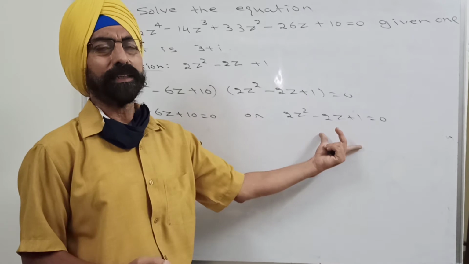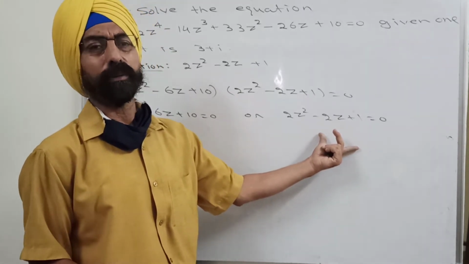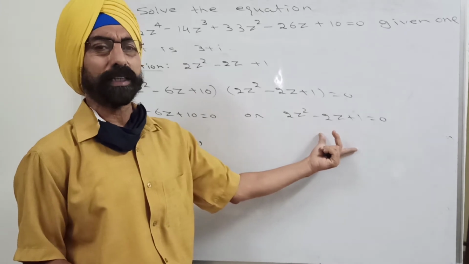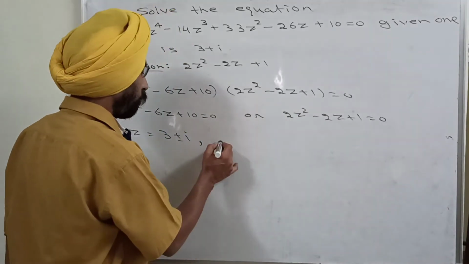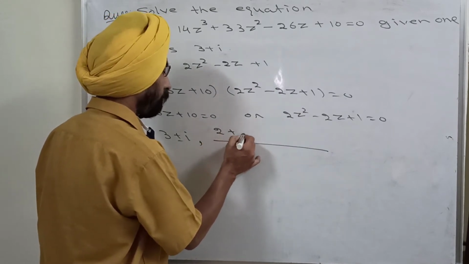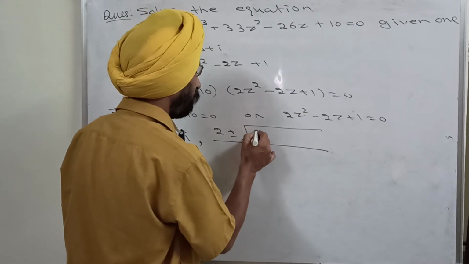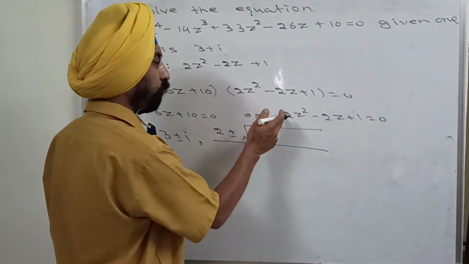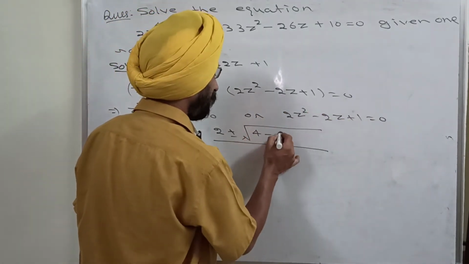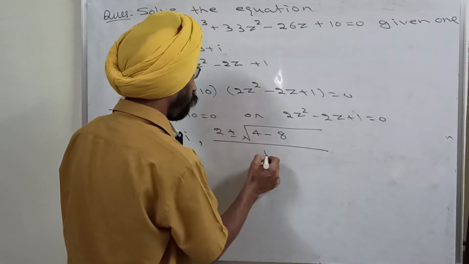So roots can be obtained by solving it using your formula minus b plus minus under root b^2 minus 4ac upon 2a. So use the formula. So it is 2 plus minus square root b^2 is 4 minus 4ac. 4 into 2 into 1 is 8, upon 2 into 2 is 4.